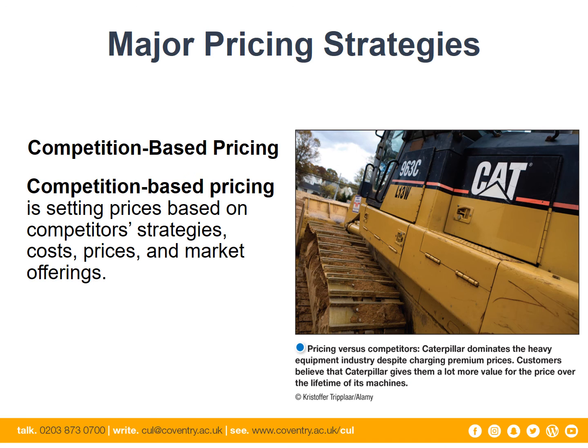Now we also have competition-based pricing, and competition-based pricing is setting prices based on competitor strategies, costs, prices, and market offerings. If we think about pricing versus competitors, Caterpillar dominates the heavy equipment industry despite charging premium prices. Customers believe that Caterpillar gives them a lot more value for the price over the lifetime of its machines.